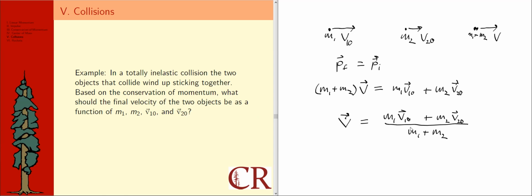The thing to notice, the connection to the key concepts page, is that this is the center of mass formula. For whatever reason on the key concepts page, I subscripted things a little differently. I didn't have v1 naught, I just had v1.